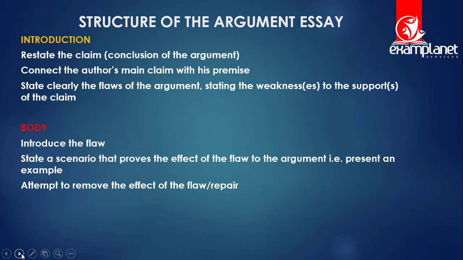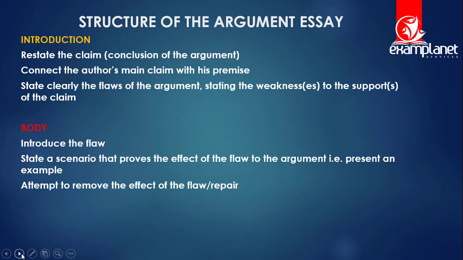Now that's important because you want to let us know what the writer omits. For example, if the writer had taken into consideration this factor and that factor, or this evidence and this evidence, it would have made the argument more believable, more convincing, more robust.